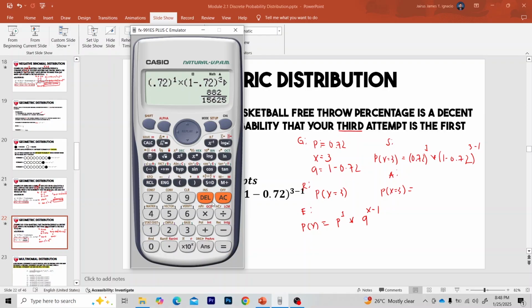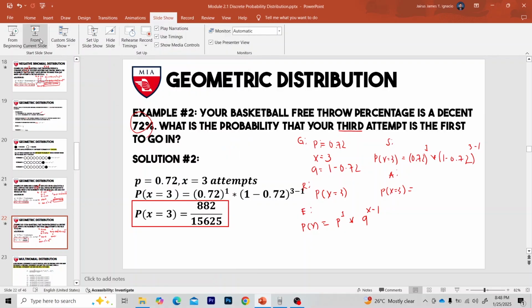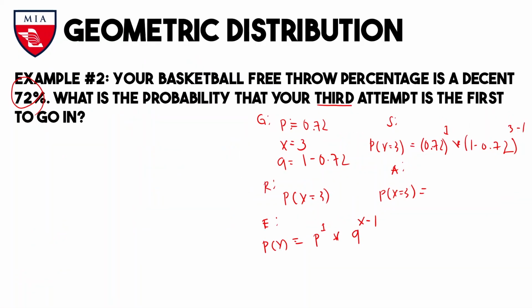So we have 882 over 15625, or 0.0564. So the answer is equal to 0.0564. So that's how we solve certain problems under geometric distribution.